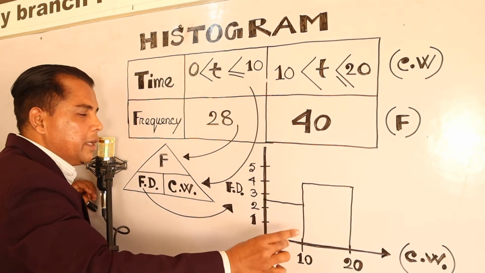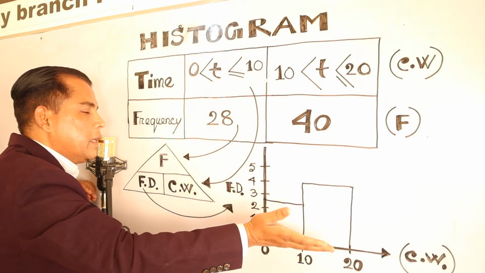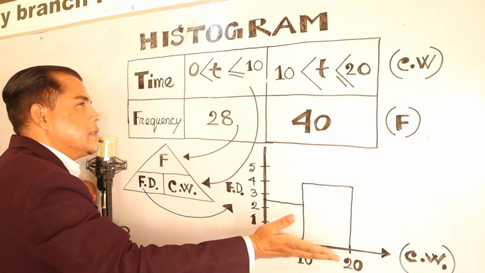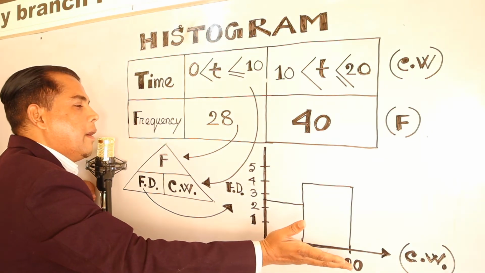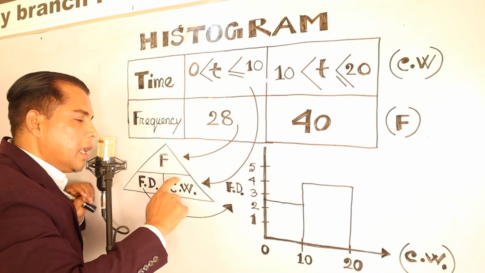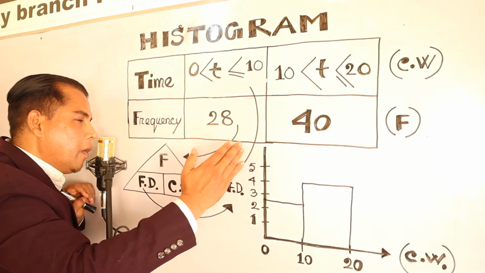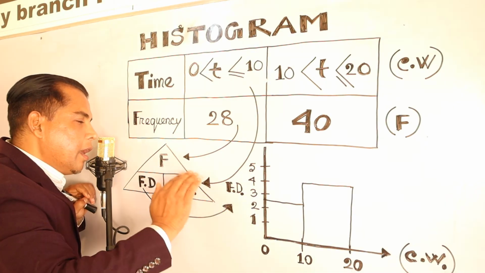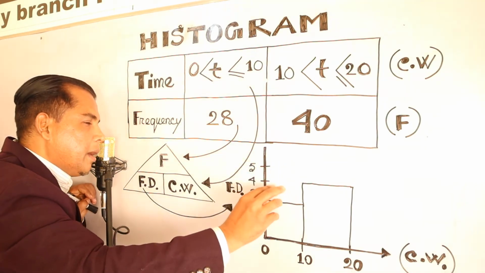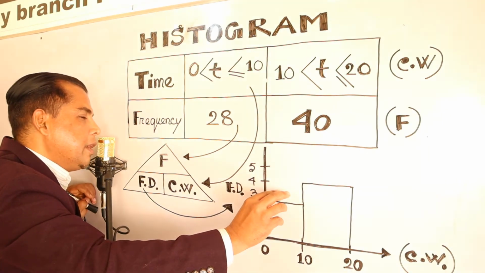And this breadth is here. So class width is always exposed at the bottom, the horizontal side of the histogram. And frequency density is always on the vertical side. And frequency is the area of the histogram.